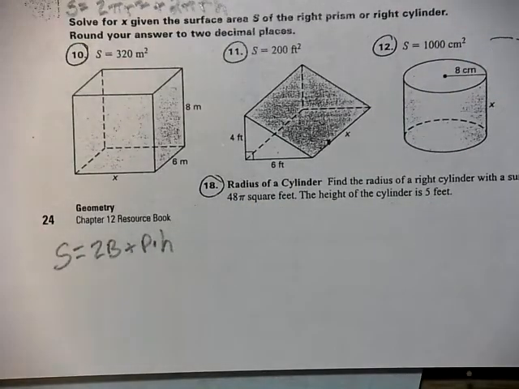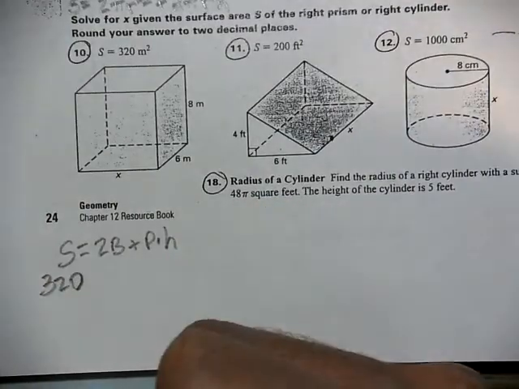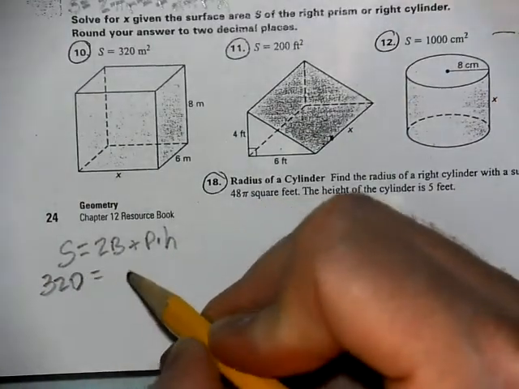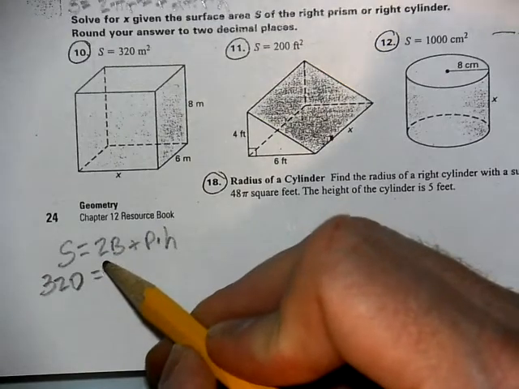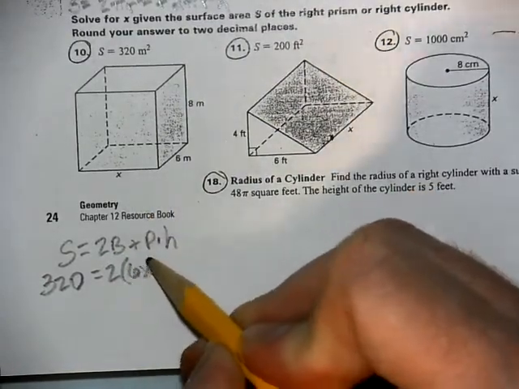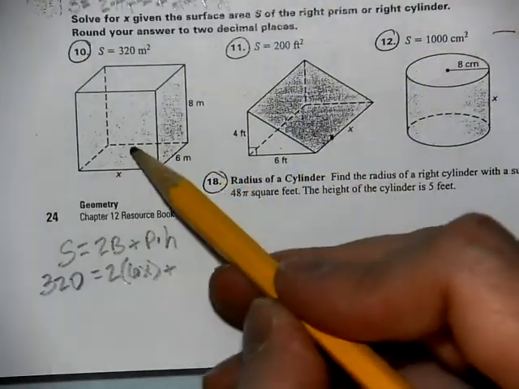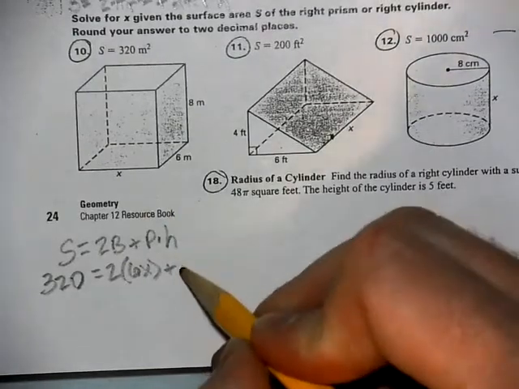Another way to do it is to calculate out the front, the back, the right, the left, the top, and the bottom. But if we know our surface area is 320 and our base is 2 times 6 times x, our perimeter is 6 plus x plus 6 plus x.